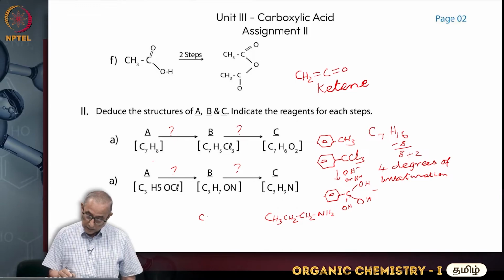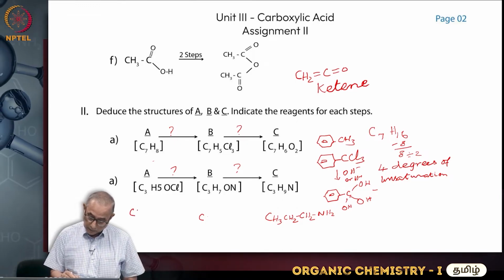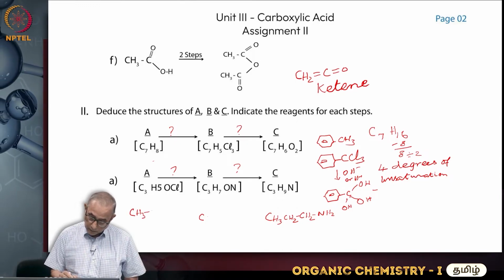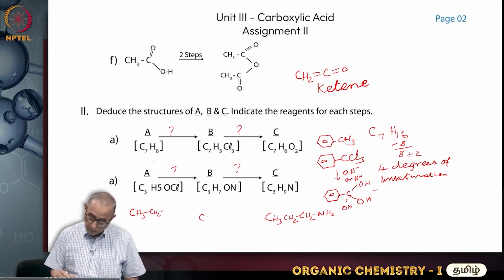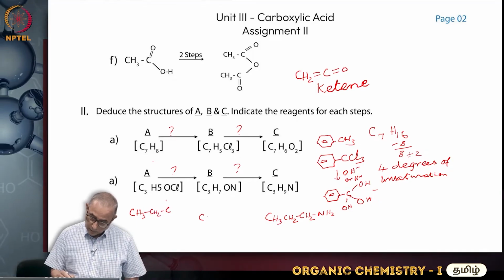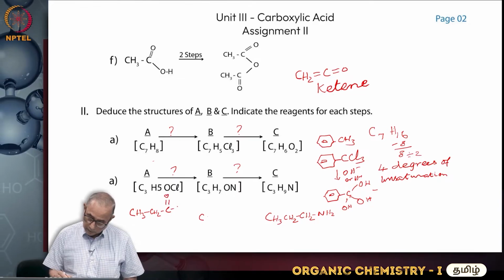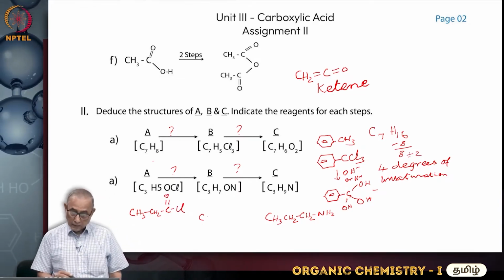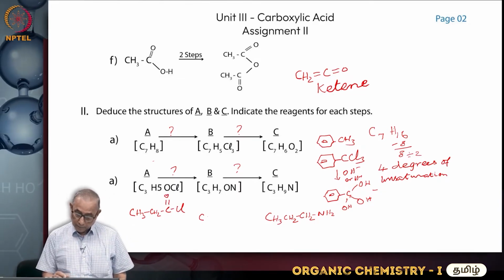Let us see, C3H5OCl, this will be CH3CH2COCl. This is propanoyl chloride.